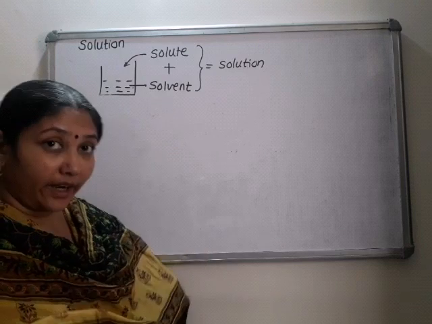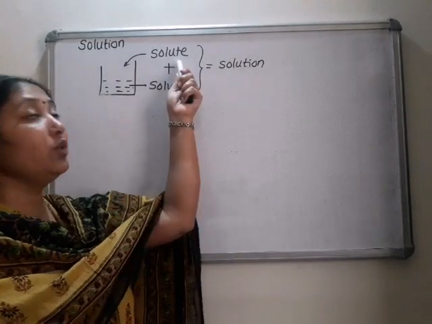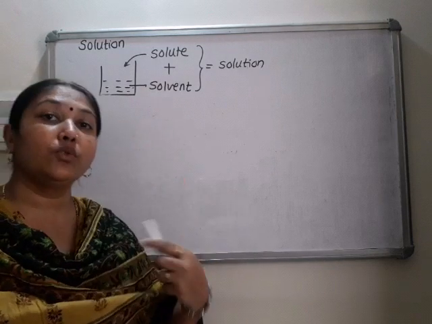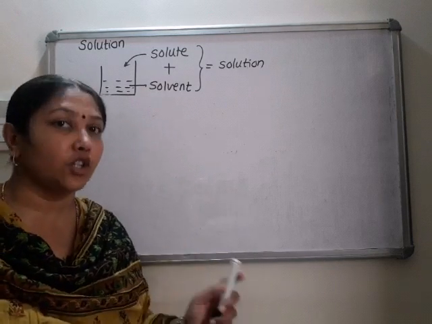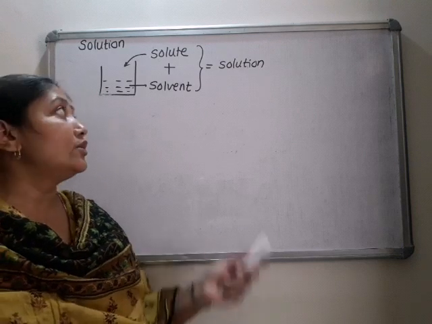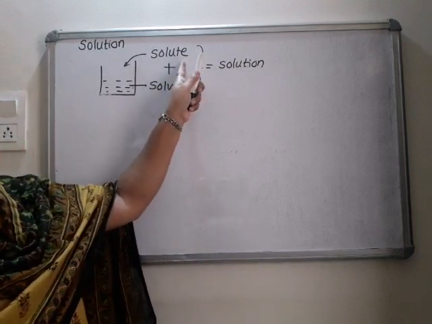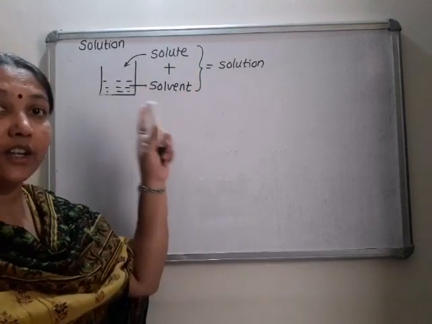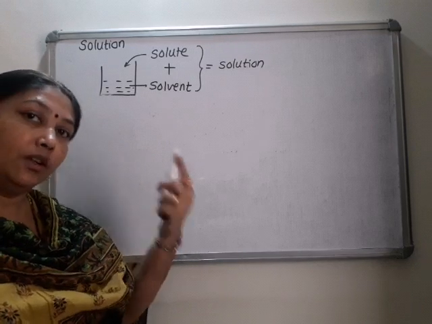If it is colloidal solution, then we call that solute the dispersed phase, and the solvent we call the dispersion medium. In case of colloidal solution, the substance added is called dispersed phase, and the substance in which it is added is called dispersion medium.